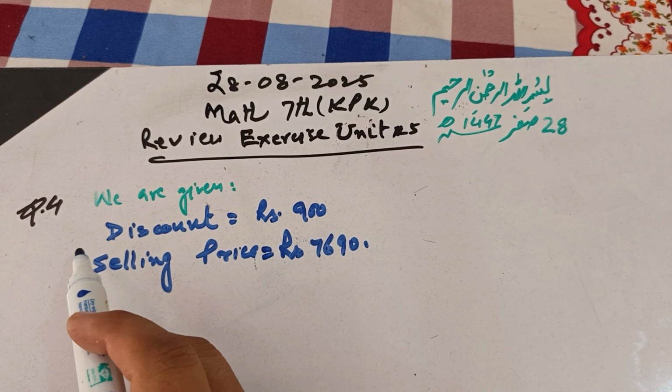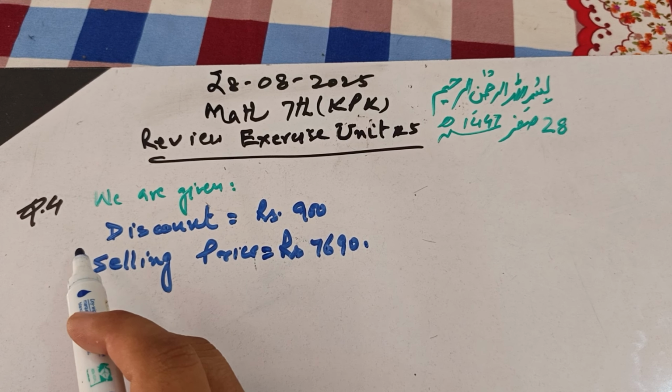Moving toward the whiteboard, I have written what we are given. Two things: one is discount, which is rupees 900, and selling price, which is rupees 7,690. And what we are asked to find is the mark price, MP.